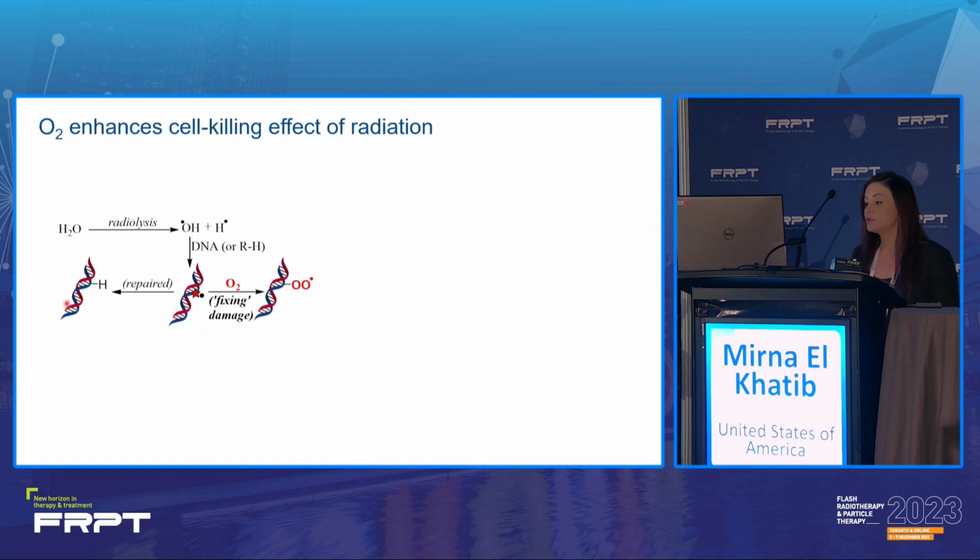This can be reduced back to the native form by the existing reducing species in the cell, or it can react with a molecule of oxygen, generating a DNA peroxyl radical. This is irreversible and is termed as fixation of damage. So obviously, the higher the concentration of oxygen, the more fixation that occurs.